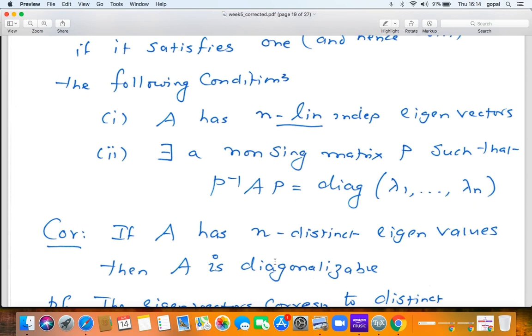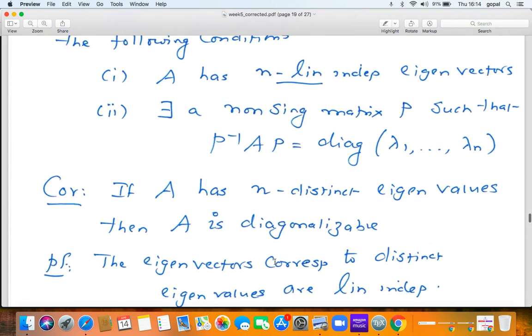Here I have n distinct eigenvalues. Take their eigenvectors v1, v2, ..., vn. They will automatically be linearly independent. I have n linearly independent vectors in Rn, so they will form a basis. That means that if a matrix A has n distinct eigenvalues, then A must be diagonalizable. That's a corollary.